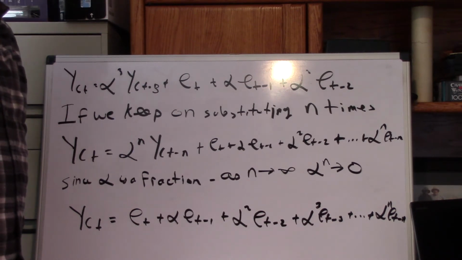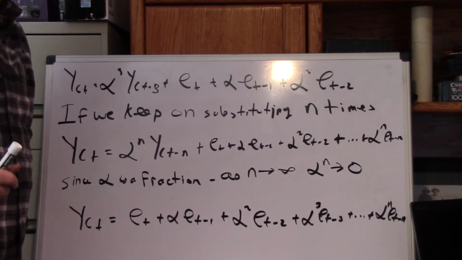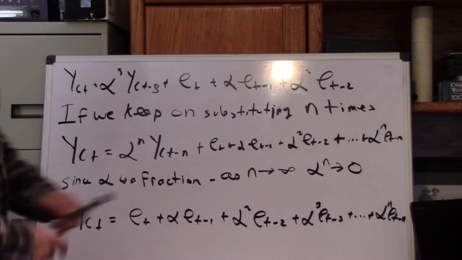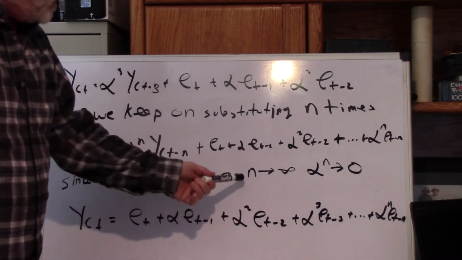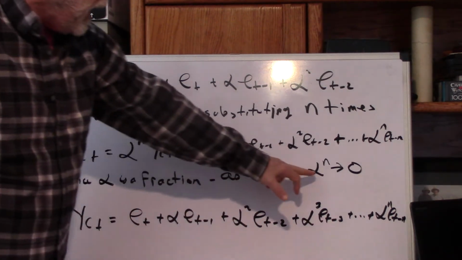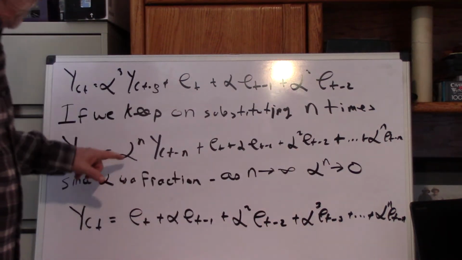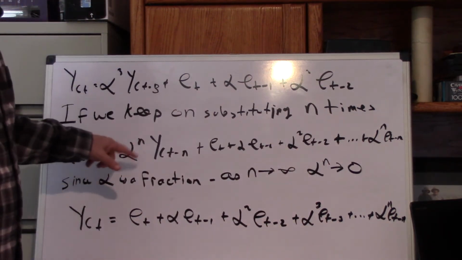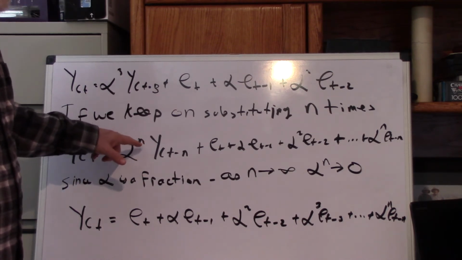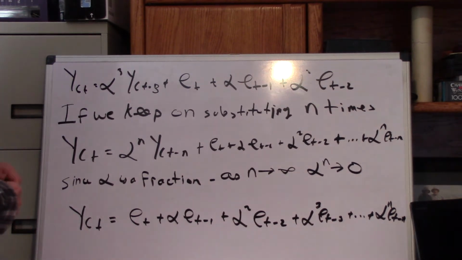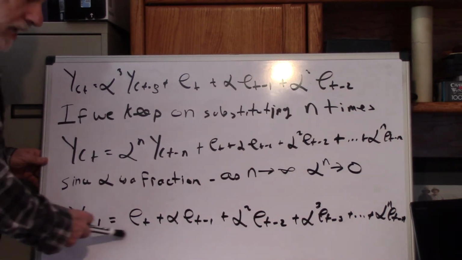If you raise it to the 10th power, it's getting close to 0. So as n gets large, alpha to the n approaches 0. This parameter raised to the nth power gets smaller and smaller, essentially 0. So what you end up with is this last equation.